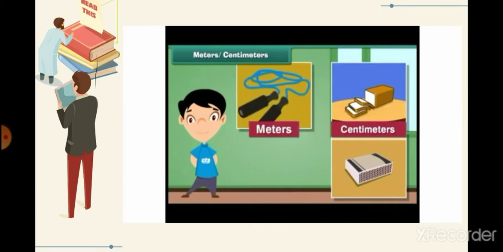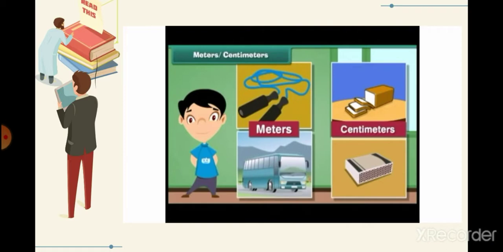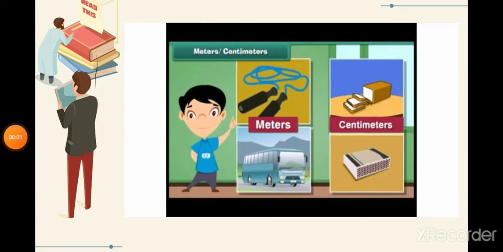A skipping rope is expressed in meters, and a bus is expressed in meters. Let us look at some objects which have lengths equal to 1 centimeter, 1 millimeter, 1 meter and 1 kilometer.